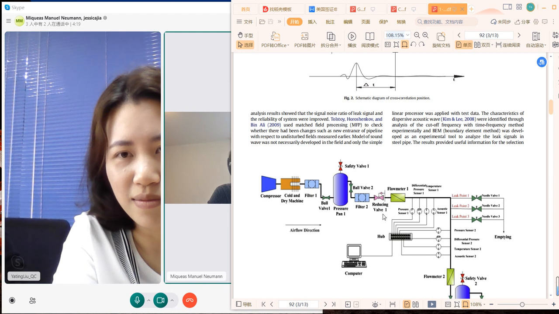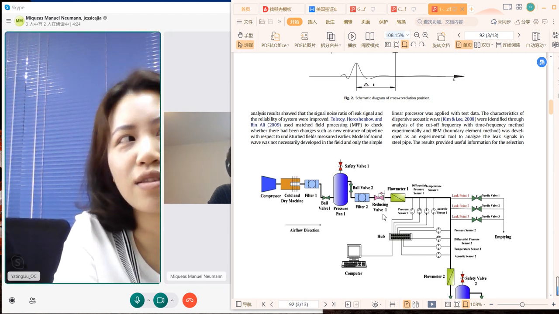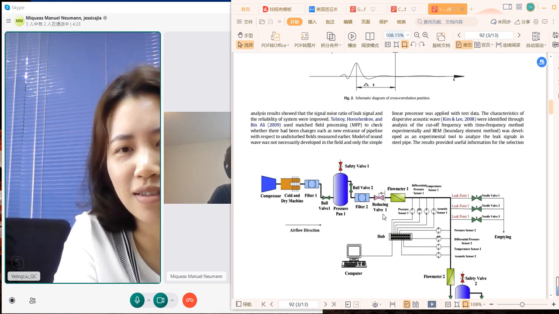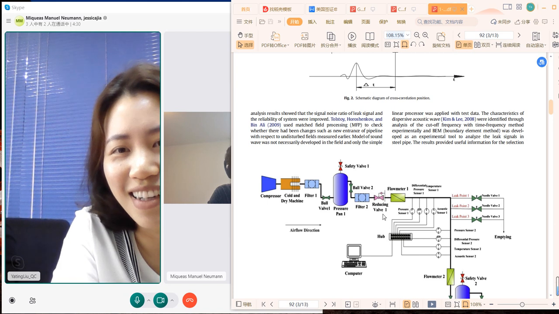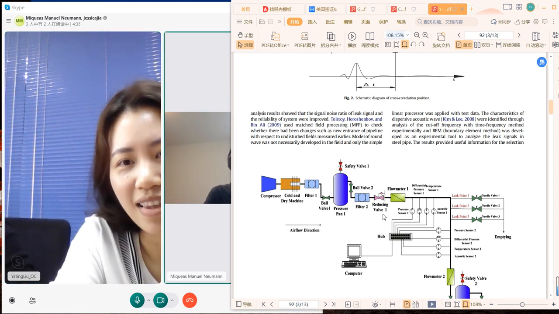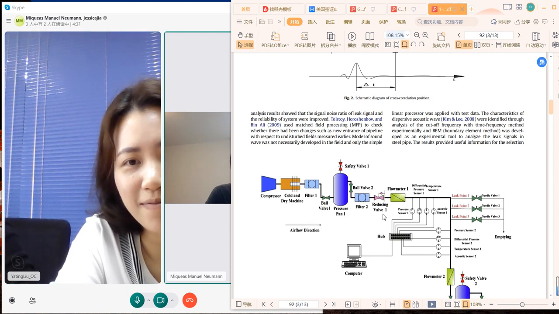We want to see the waveform. Then why couldn't it directly connect to the computer to see the waveform? But because we want to get the data, not only the waveform, also the data.